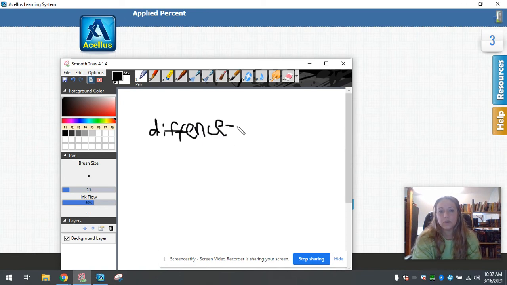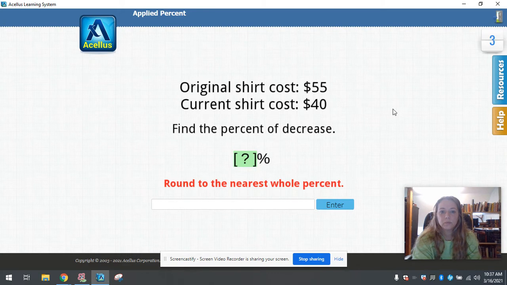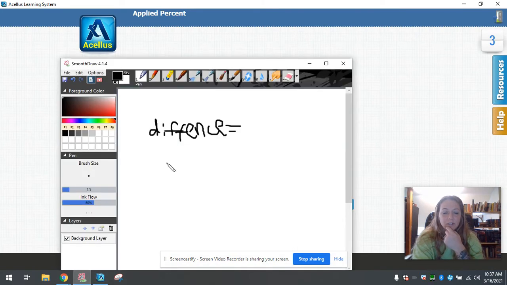So the difference between the original amount and the new amount. The original was 55 and the new amount, the shirt cost $40. So the difference between 55 and 40, I don't know why I kept saying 54, is $15. If you don't believe me, you can go 55 minus 40 in a calculator. Okay, so my difference is 15.